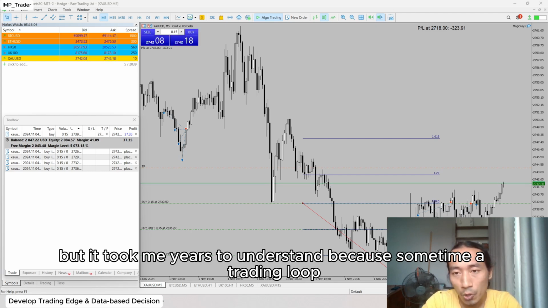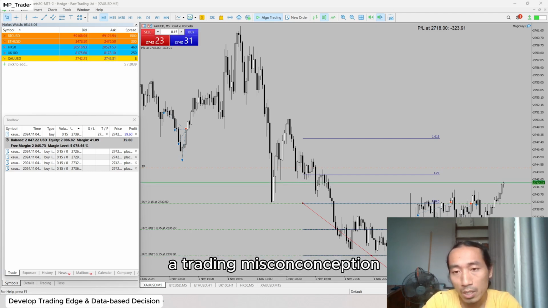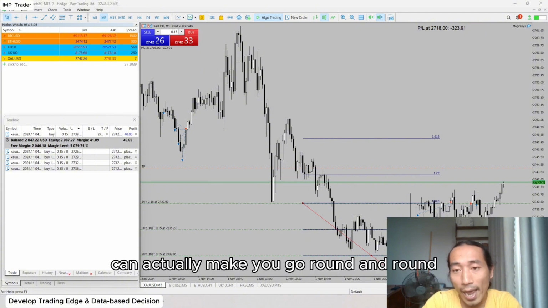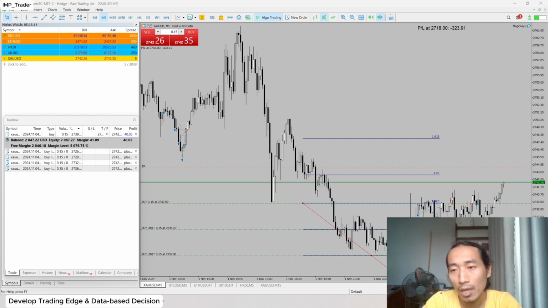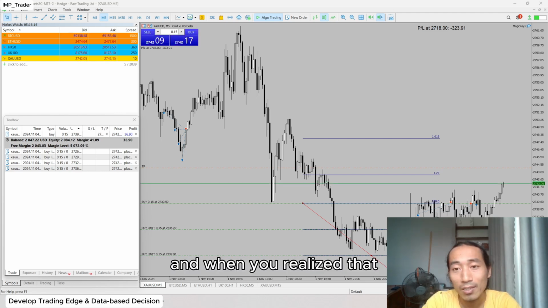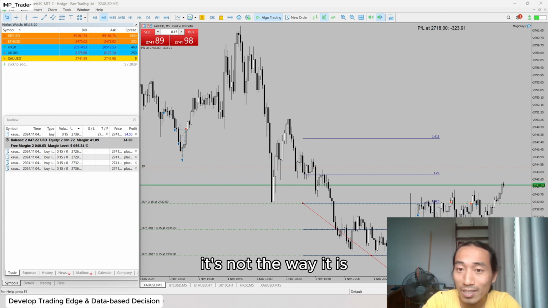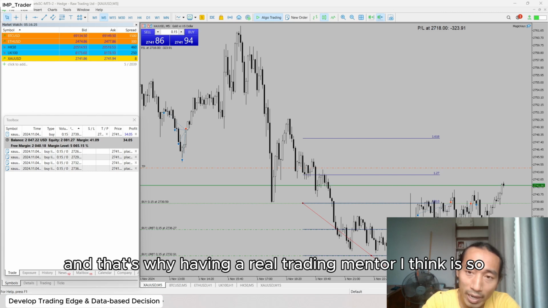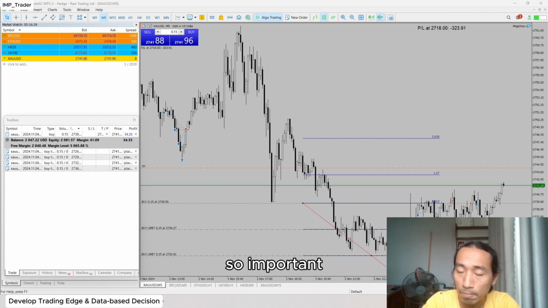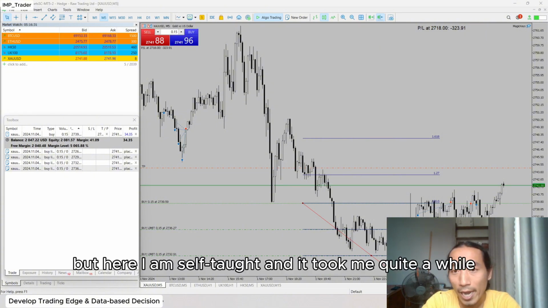Because sometimes a trading misconception can make you go round and round in a trading loop forever. And when you realize that it's not the way it is, years have already passed by. That's why having a real trading mentor is so important. But here I am, self-taught, and it took me quite a while.